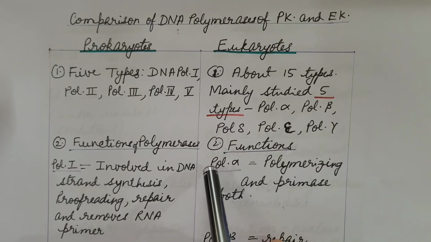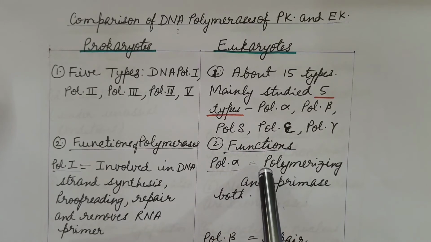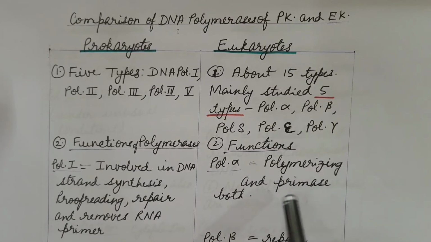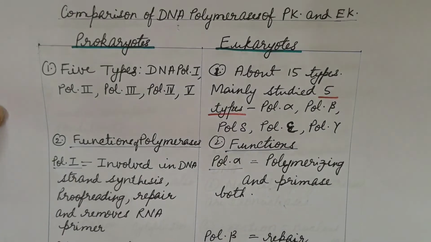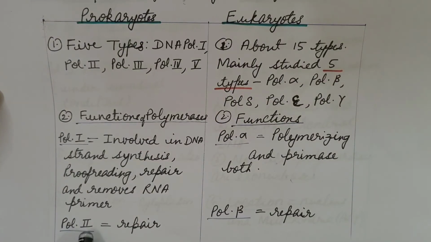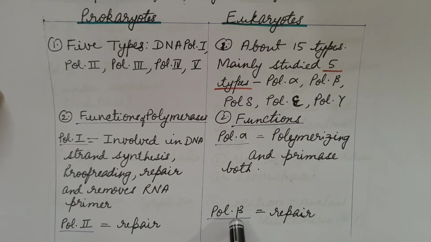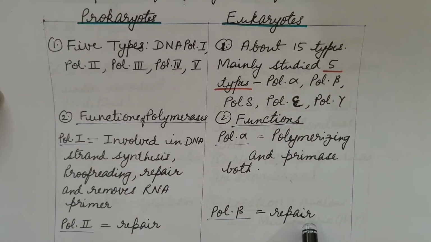In case of the eukaryotes, polymerase alpha has both polymerizing activity and primase activity because it can synthesize primer. So it is an unusual enzyme. In prokaryotes, polymerase 2 shows repair activity. In eukaryotes, polymerase beta is also involved in repair of the DNA.